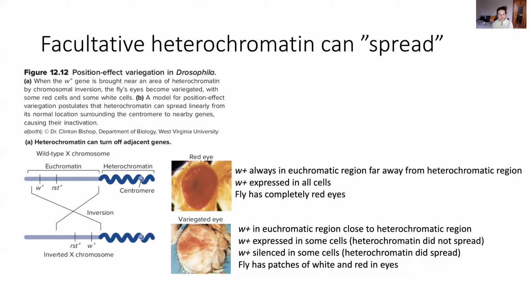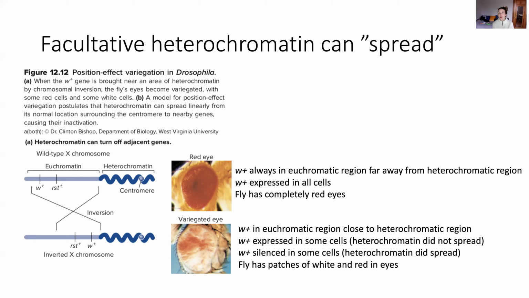So this fly has completely red eyes that have a smooth appearance. But if an inversion, when the DNA gets flipped around in a chromosome, were to happen that put white and roughest closer to that heterochromatin region, sometimes some crazy things can happen.